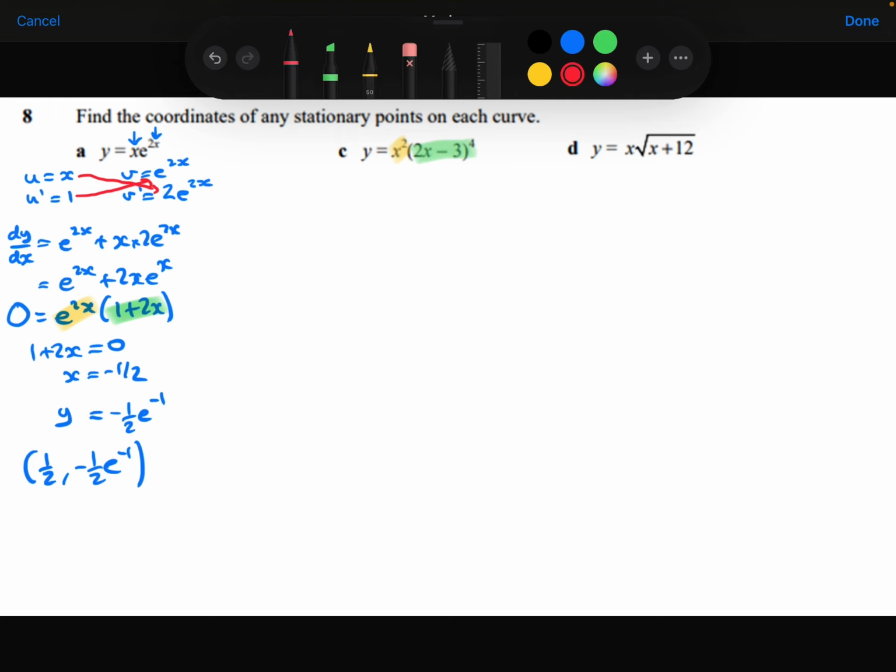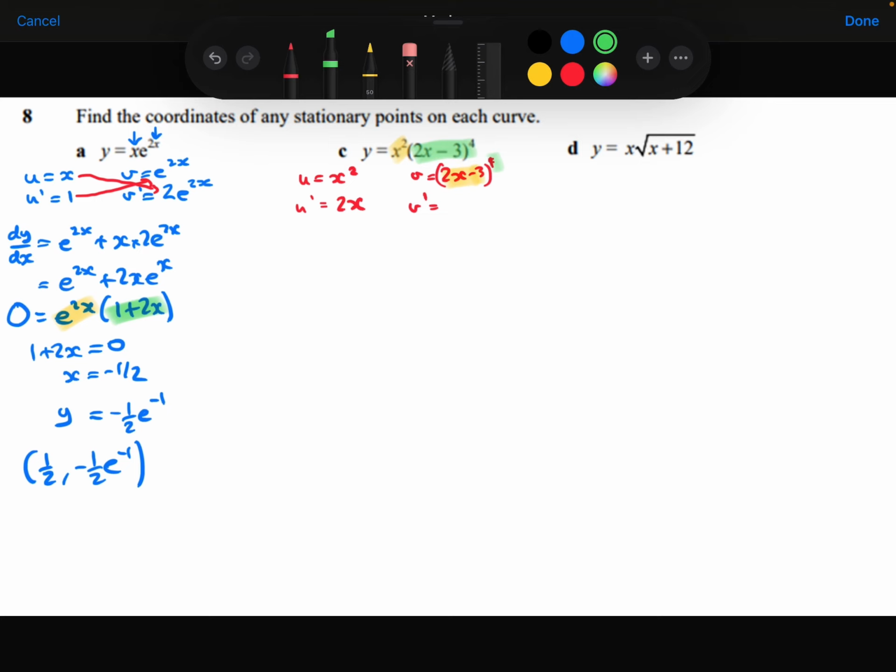So let's let my u be x squared and my v be 2x minus 3 to the power 4. When I differentiate x squared, I get 2x. Now, differentiating the v here, I'm going to have to use the chain rule for this because I've got the 2x minus 3 inside the power 4.